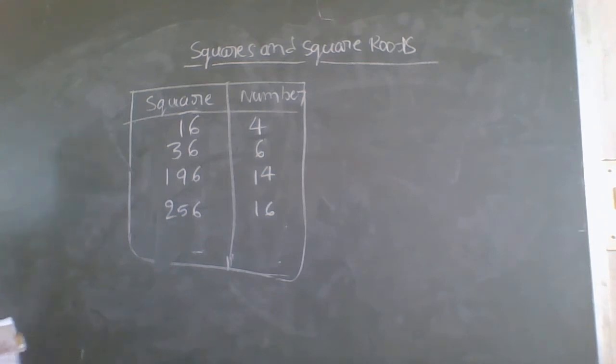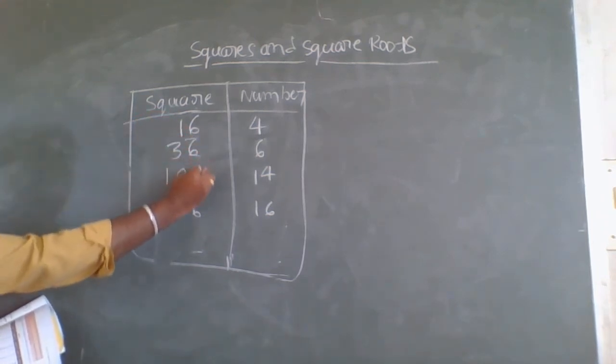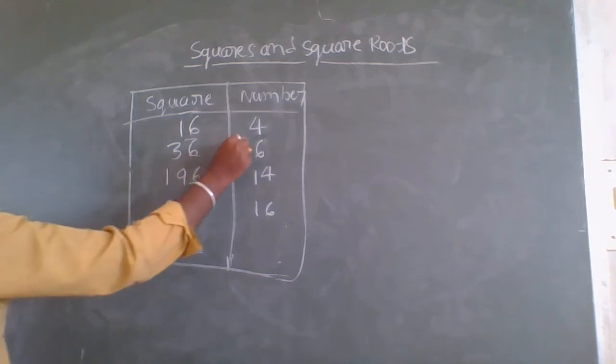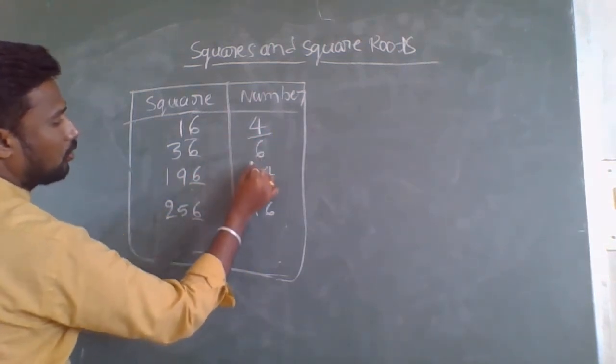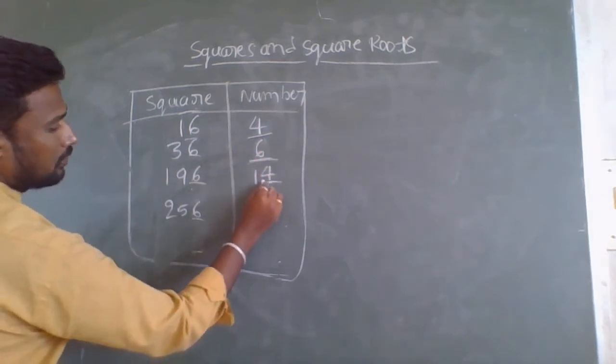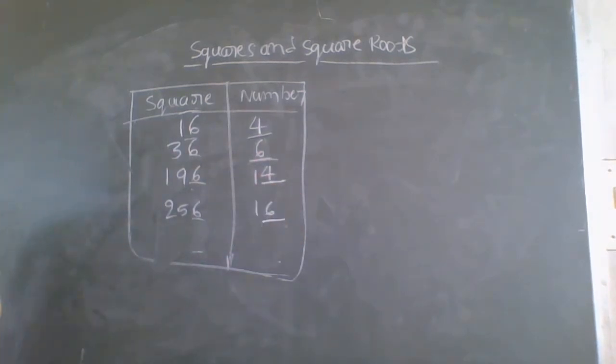So square numbers ending with 6. When does a square number end with 6? When in any number at the units place or ones place 4 or 6 is there. Here it is 4, here it is 6.